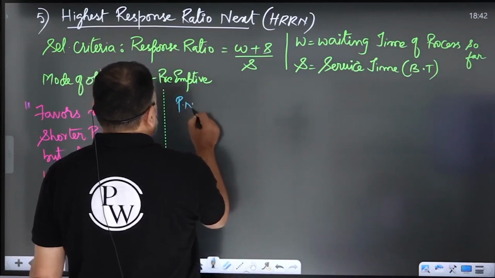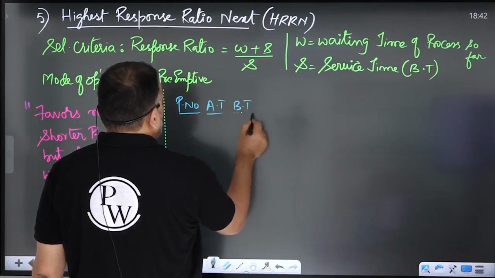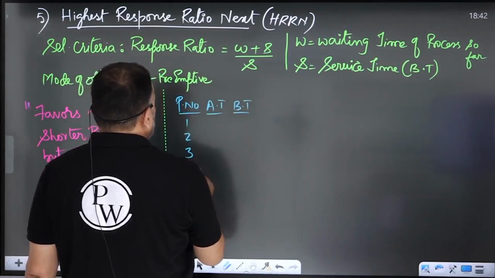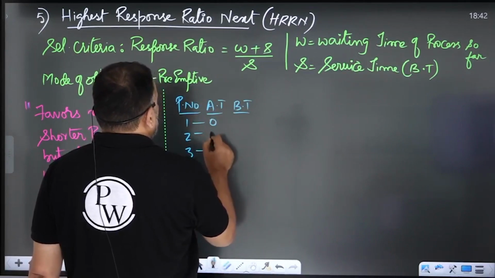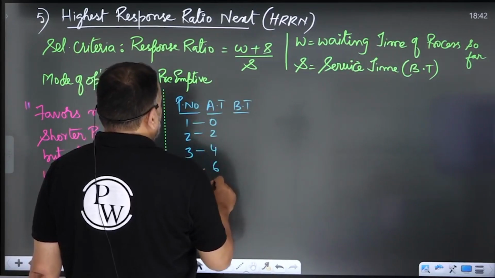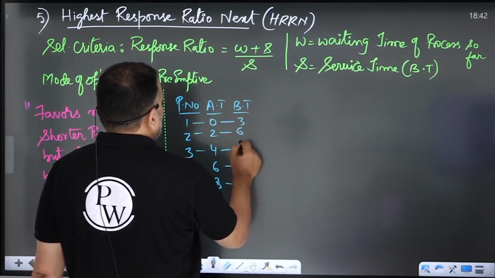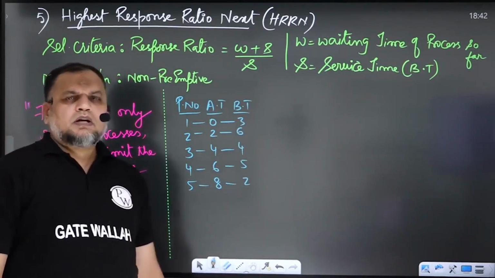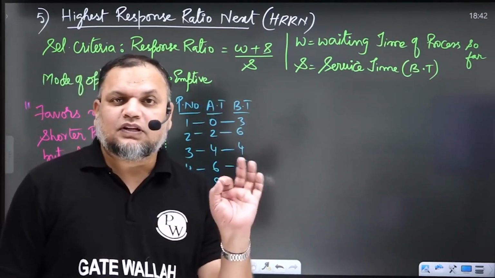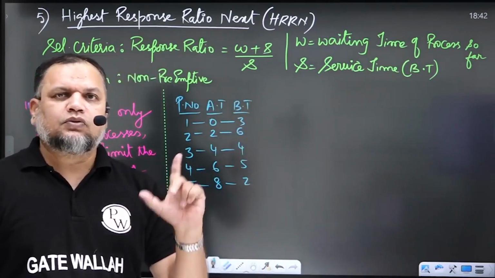Let's take this data set: process number, arrival time, burst time, let's say 5 processes. Let's say their arrival times are 0, 2, 4, 6, 8, and burst times 3, 6, 4, 5, 2. Because we are comparing this algorithm with SJF, I will first prepare the Gantt chart using SJF.